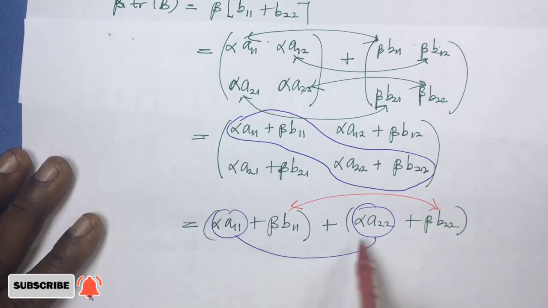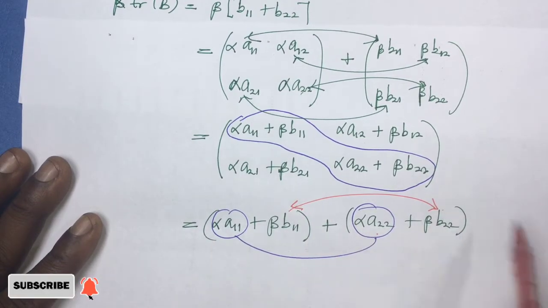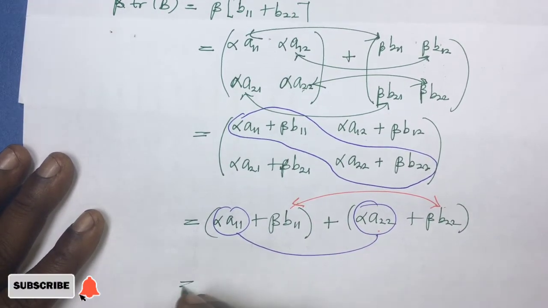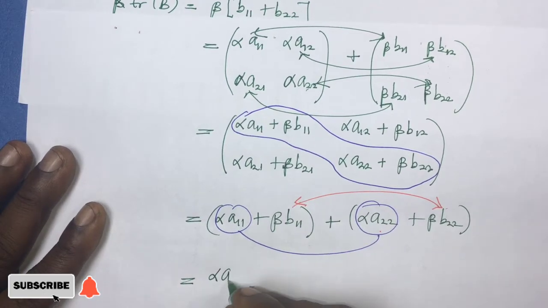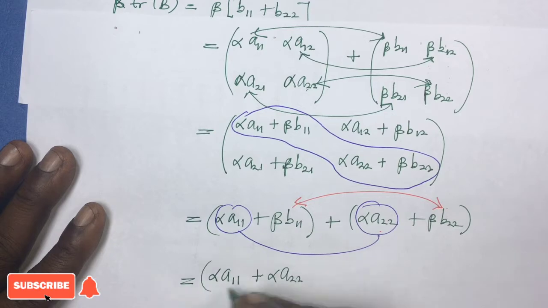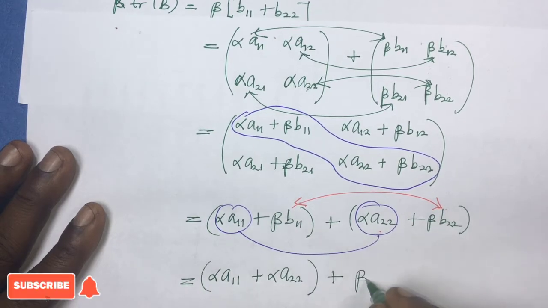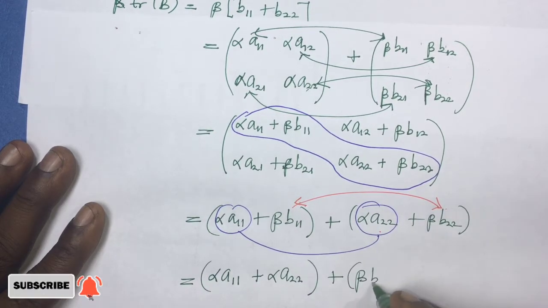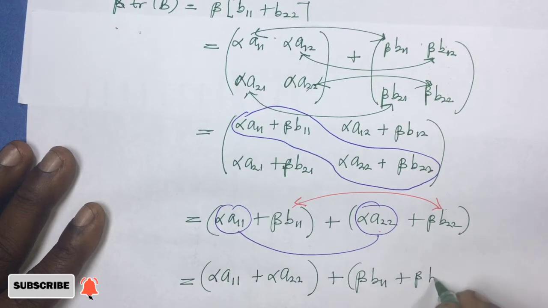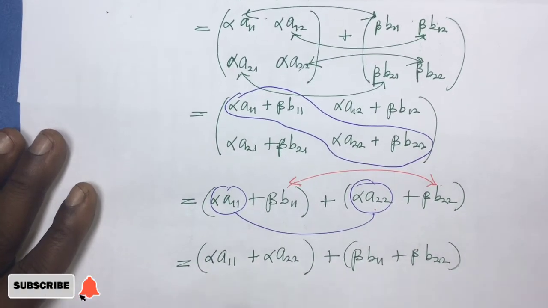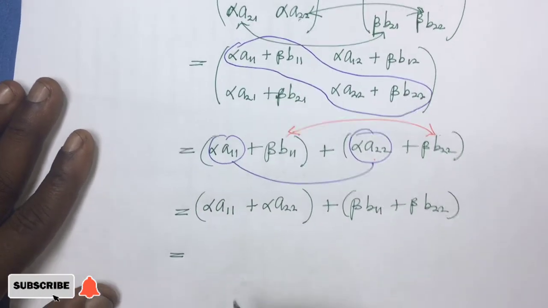And the result you have finally is alpha A11 plus alpha A22 in one bracket plus beta B11 plus beta B22.